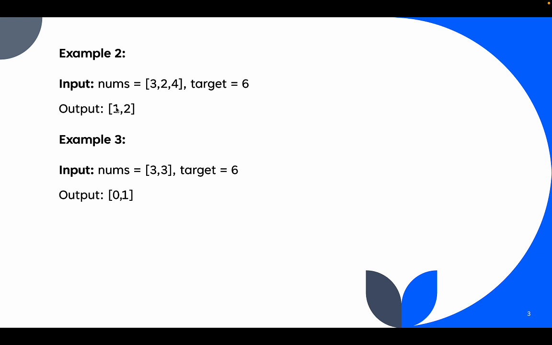And this is why our output is the indices 1 and 2. 2 plus 4 equals the target 6. In this example, we can sum the 3 plus this different 3 because we will return different indices: the number at index 0 and this number at index 1.